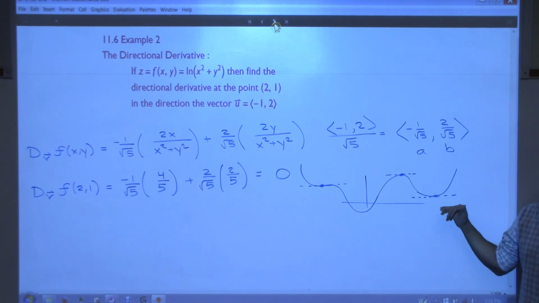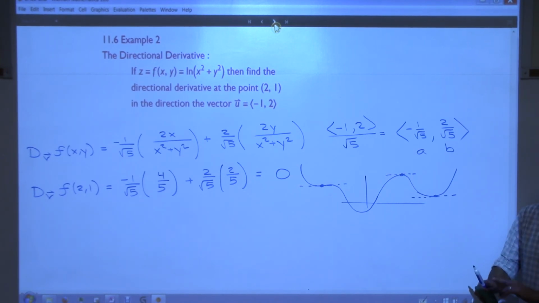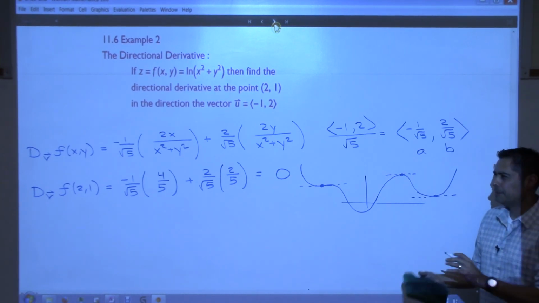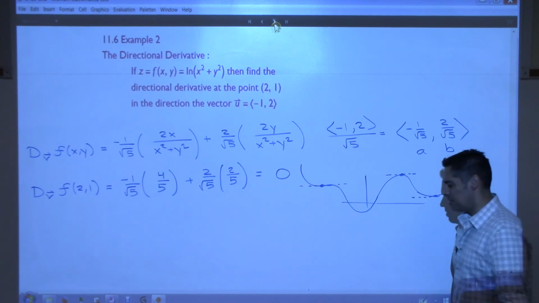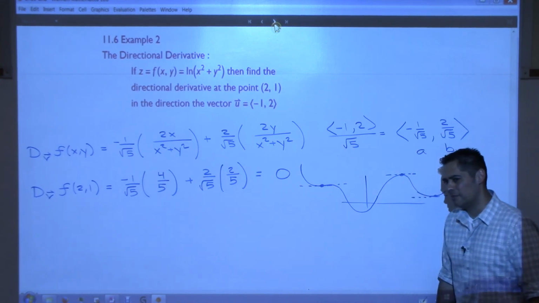We have something like that for surfaces also. And then we get into the next section, 11.8, which is called Lagrange multipliers. That's an even more specialized version of finding maximums and minimums, and that section is kind of tough.